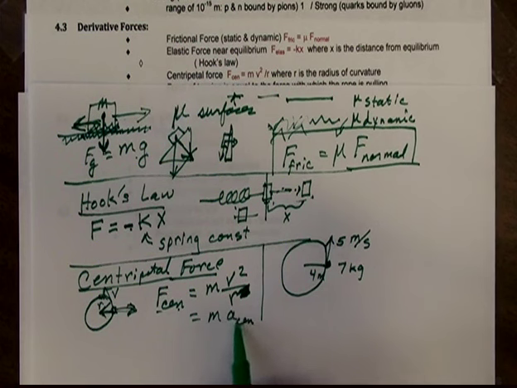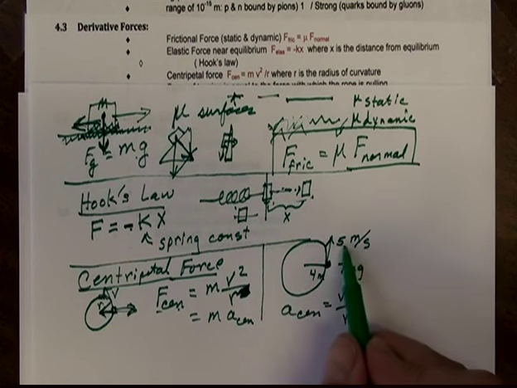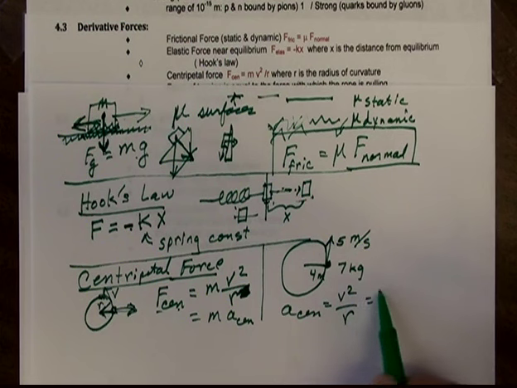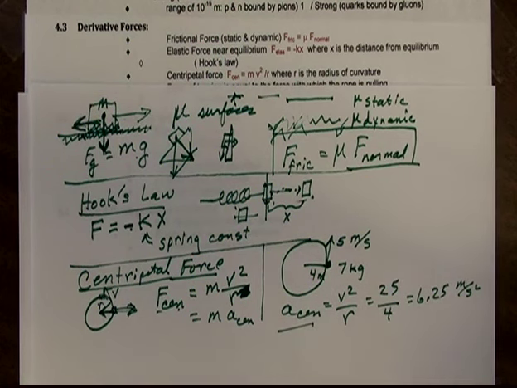This is mass times centripetal acceleration. So the centripetal acceleration is going to be equal to v squared divided by r. And our v squared here is going to be 25, divided by our radius, which is 4. So it'll be 6.25, and that would be in meters per second squared. That's our centripetal acceleration.